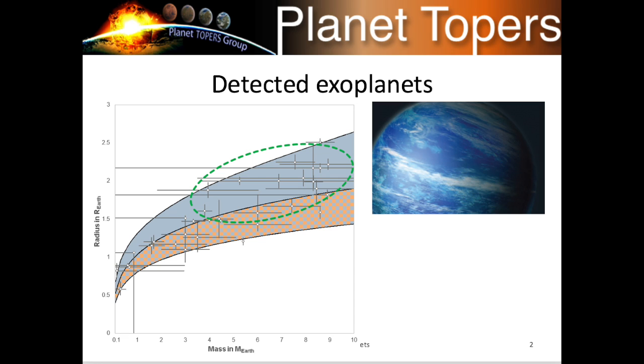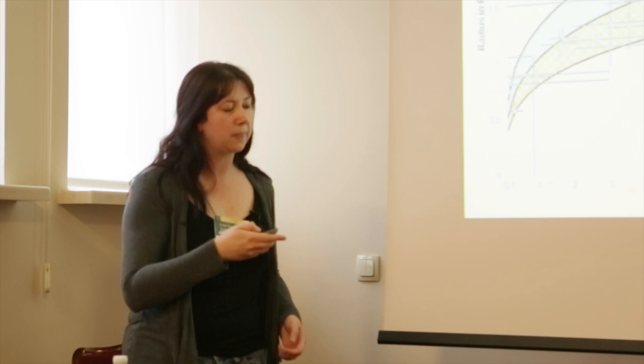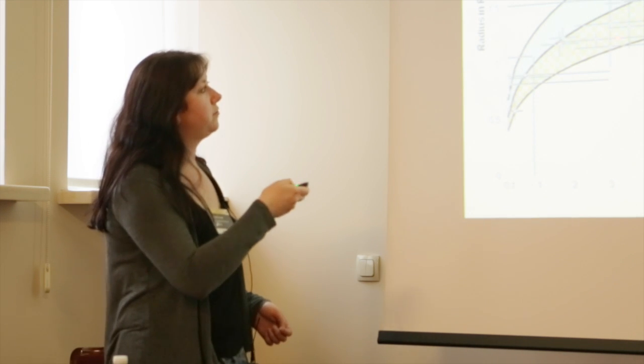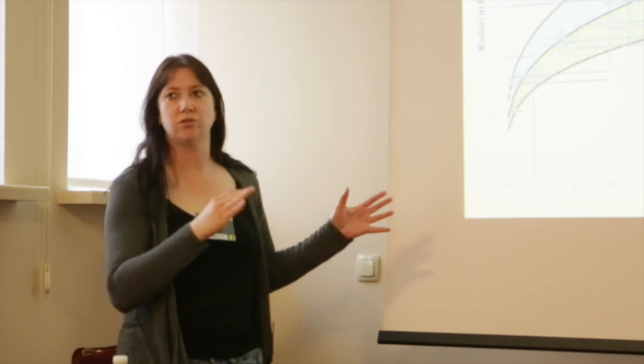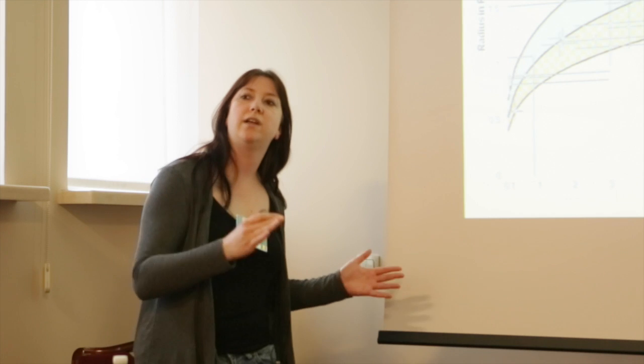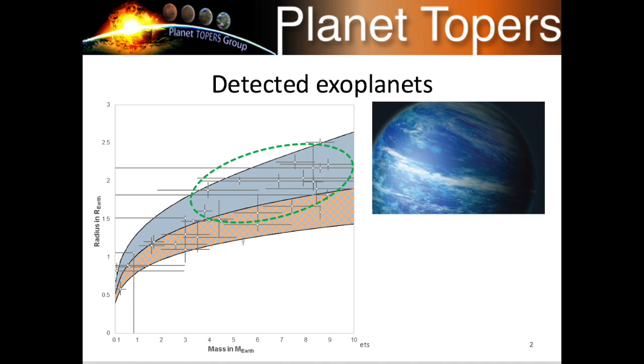The blue one, these are planets where you typically need a large amount of water to explain the radius and the mass that you observe. Whereas down here you have a lot of planets that could be similar to Earth. They could also have a large amount of water. We don't know it because we only know the mass and the radius of these planets.